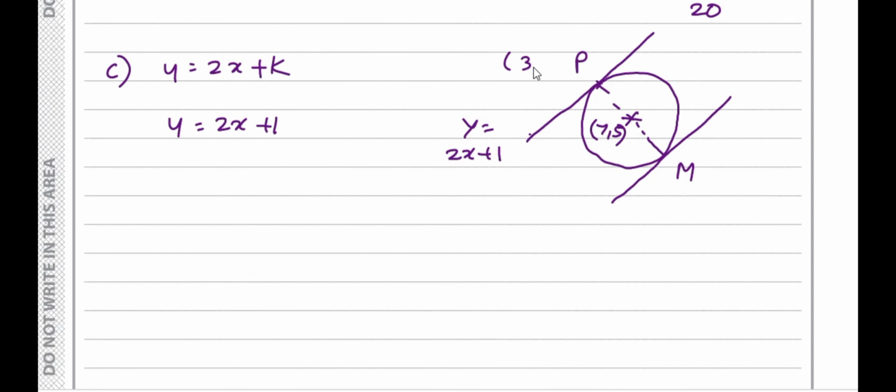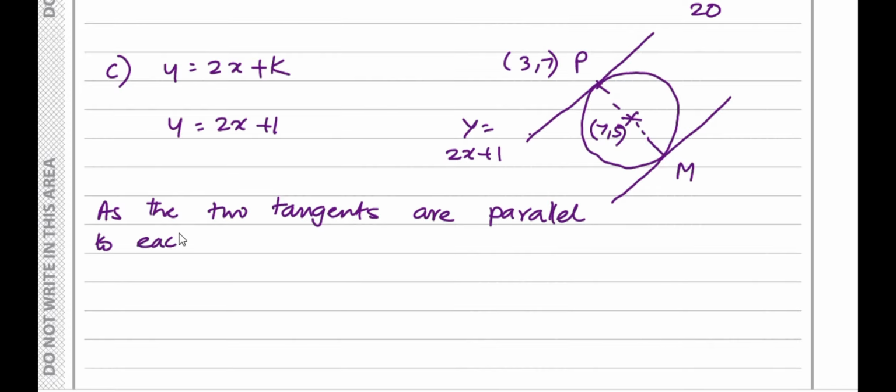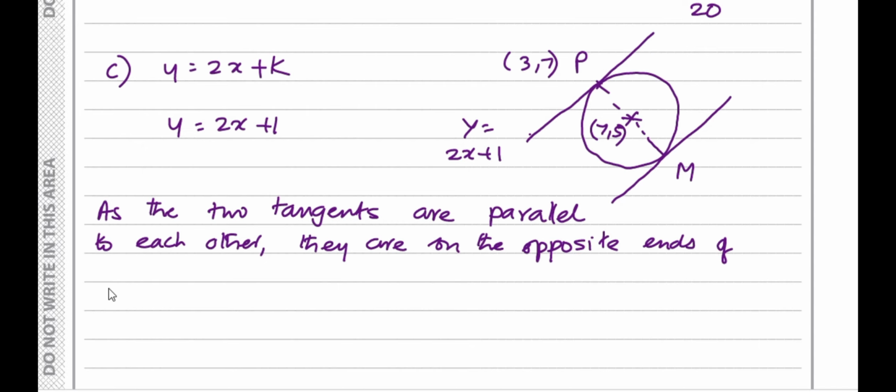So we can write here that the two tangents are parallel to each other, they are on the opposite ends of the diameter with the center as the midpoint.